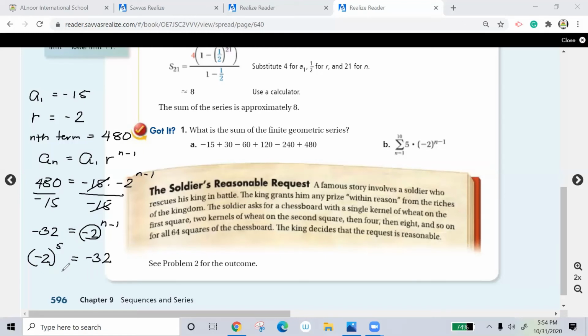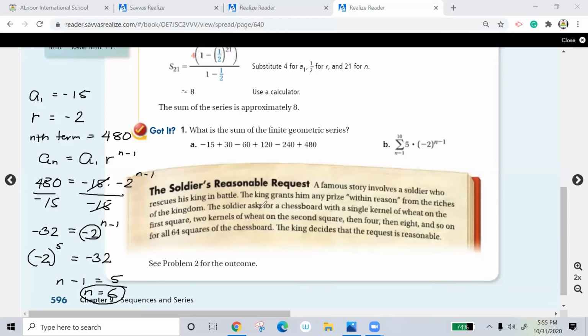Negative 2 raised to 5 is equal to negative 32. So we will use n minus 1 is equal to 5. Now, n is equal to what? Okay, 5 plus 1 is 6. So n is equal to 6. So we will use n equals 6 to find the sum of this geometric series.